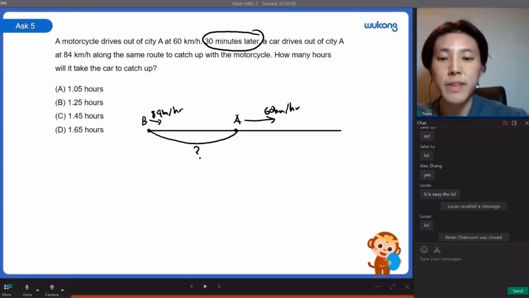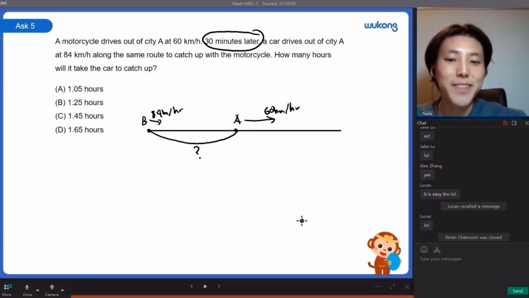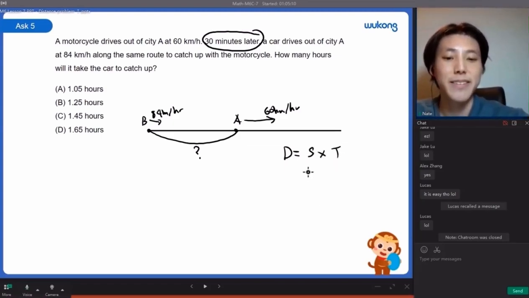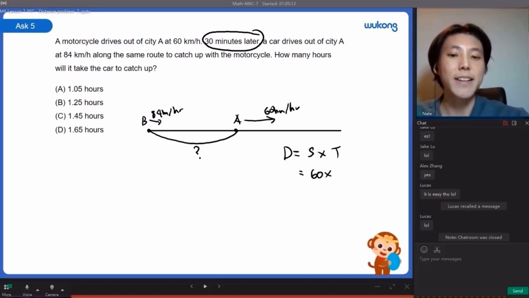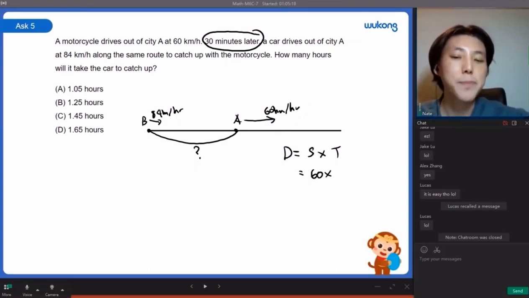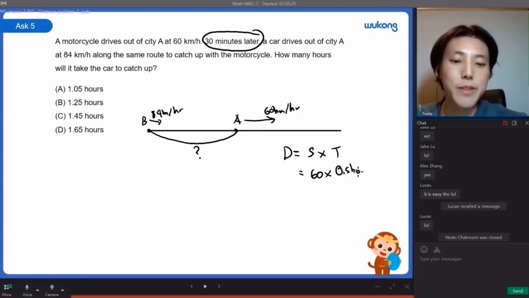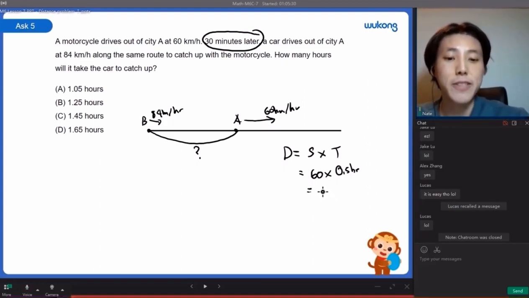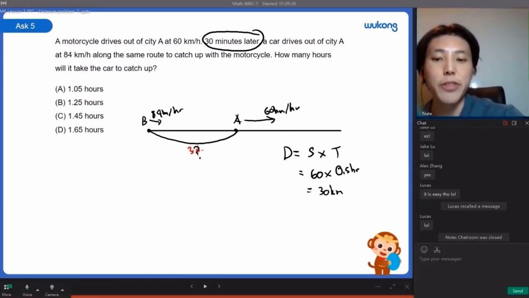So all you have to do is find the distance traveled by A, which equals the speed of A times the time traveled by A. So speed is 60, and you have to look at the unit. Our speed is in kilometers per hour. If it's been traveling for 30 minutes, that's 0.5 hours, or half an hour. So, what's half of 60? That'll be 30 kilometers. So, A travels 30 kilometers ahead of B.